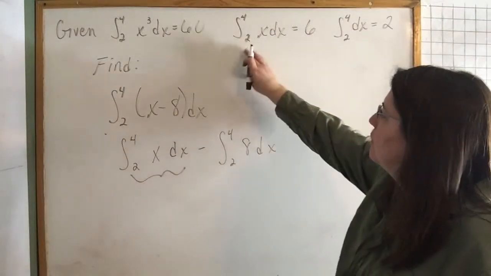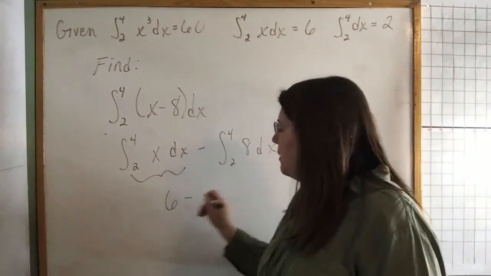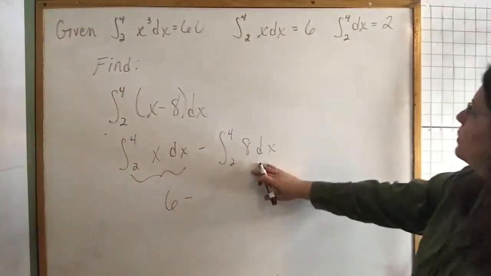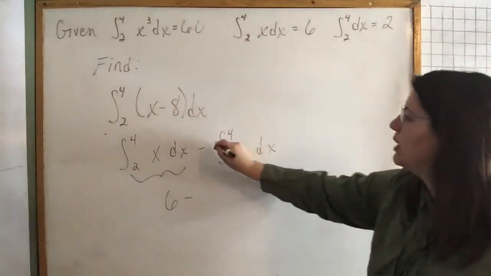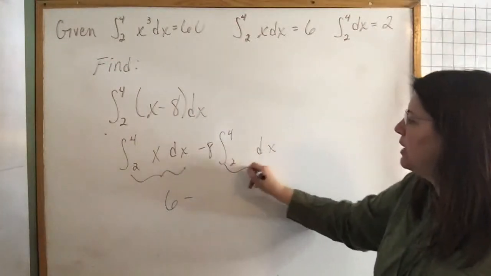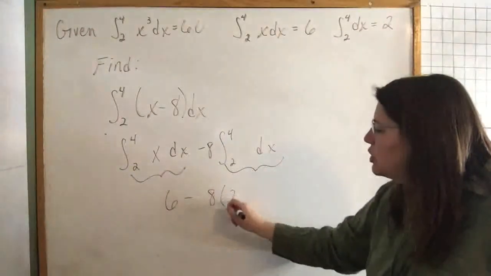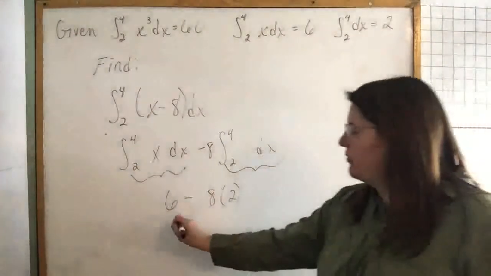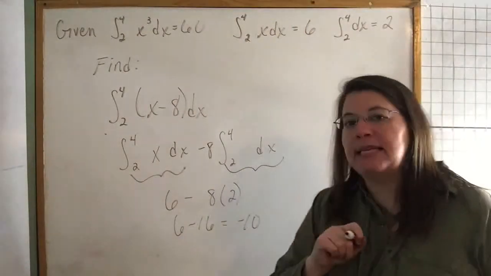So we know the integral from 2 to 4 of x dx is 6, so that portion can be replaced with 6. For this one, it's very similar to this, but my 8 needs to be brought out front. If I bring the 8 out front, now this is the same as what I have here. So I've got 8 times 2. And so we have 6 minus 16, which is a negative 10.